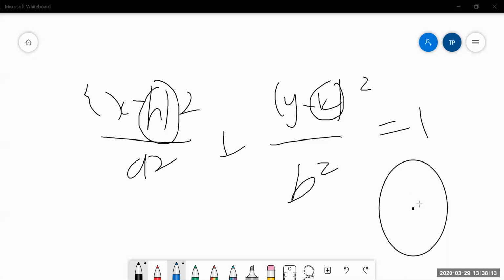How do you know? Because it's along the x-axis. Fantastic. This is your A and this is your B. Good.